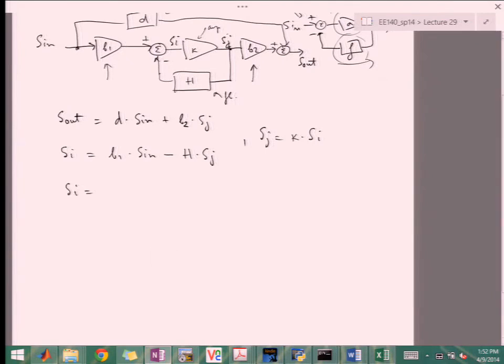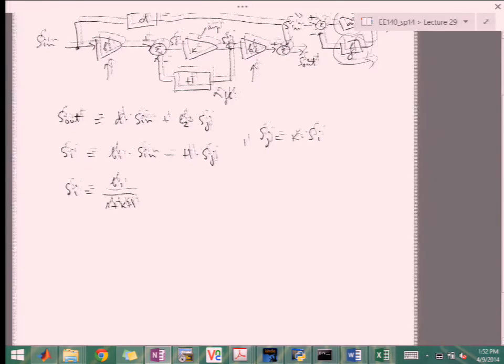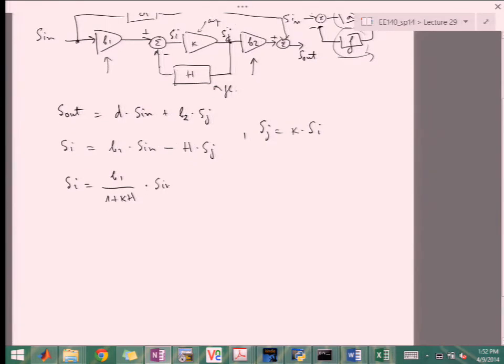From here, we can derive that Si is B1 over 1 plus KH times Sin, because we can just take this and replace it in here.